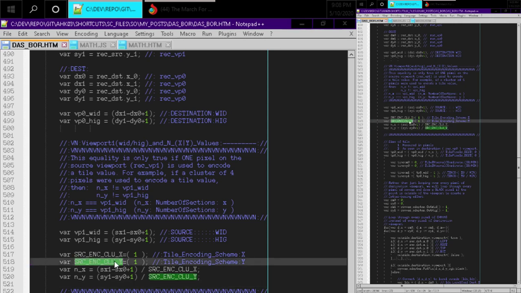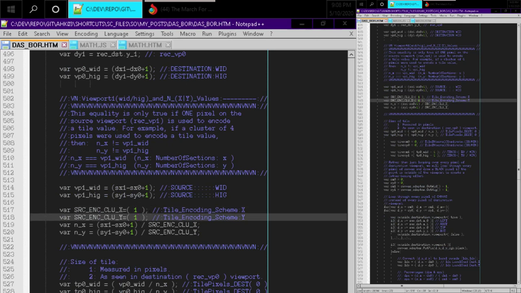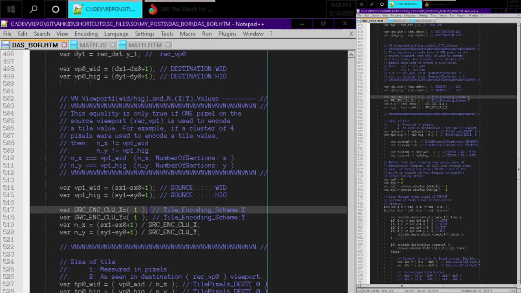Because that was basically saying that when you're collecting data from the y-axis of the source data, it would be 2 pixels on the y-axis that map to one tile. And that's not what we wanted. We want a selection area that's 1 by 1 on the source data that represents a single tile, right? So we only have 1 pixel of data on the source data that encodes 1 tile value on the destination viewport. So that was a total mess-up.